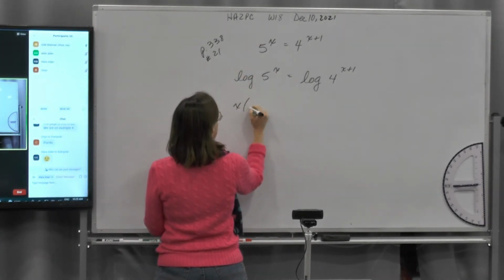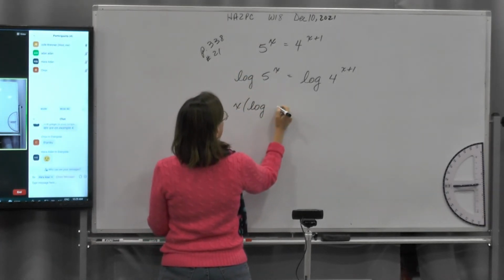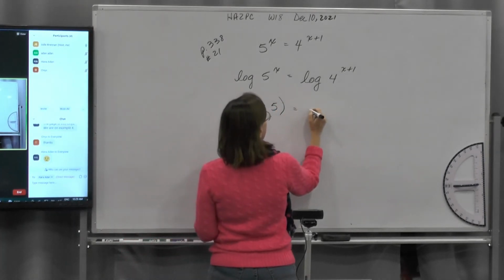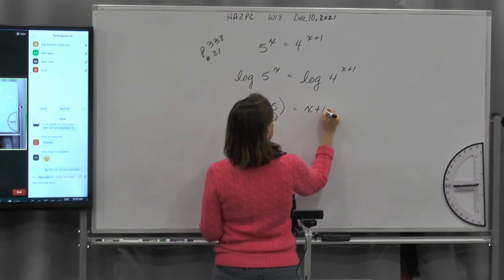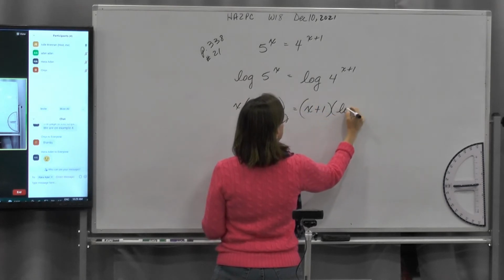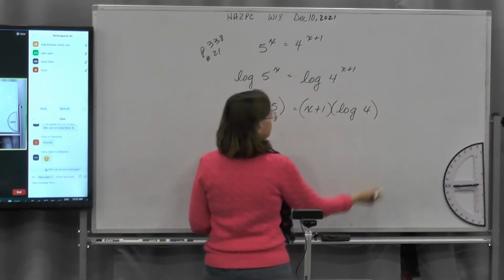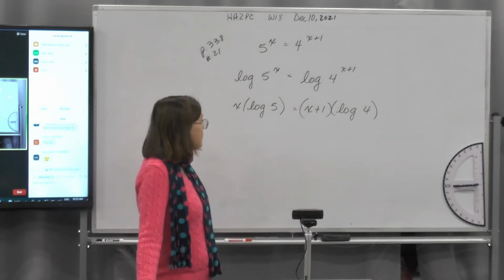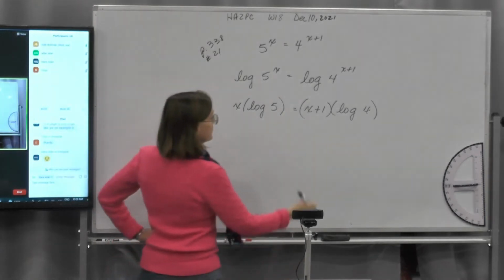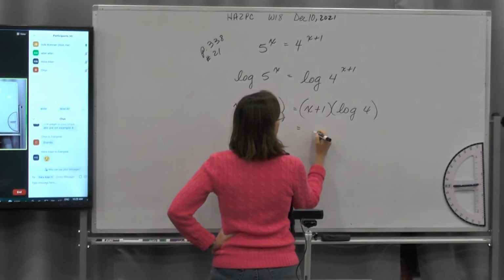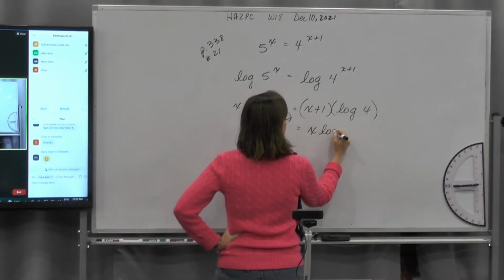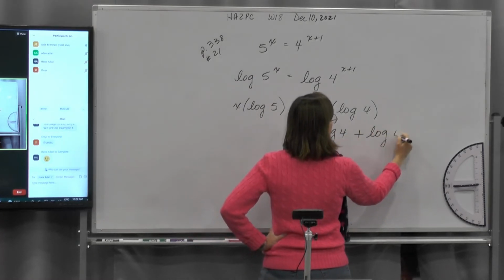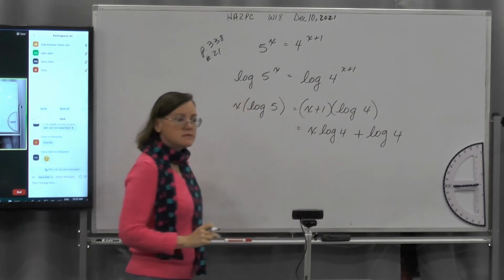I'm going to get x times the log of 5 is equal to x plus 1 times the log of 4. And I have to do some distribution here: x log 4 plus log 4 when I distribute this.